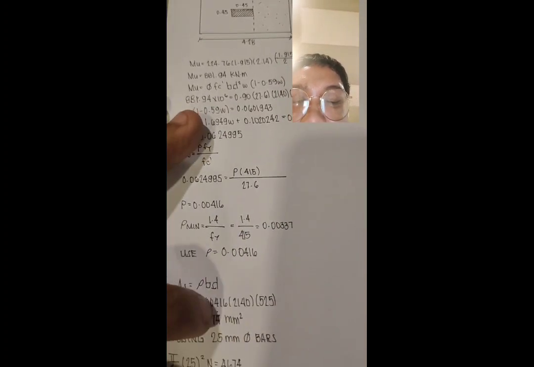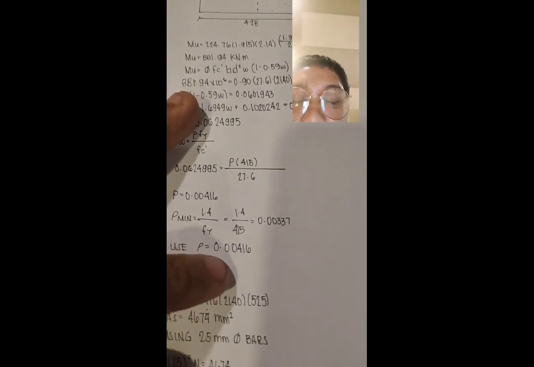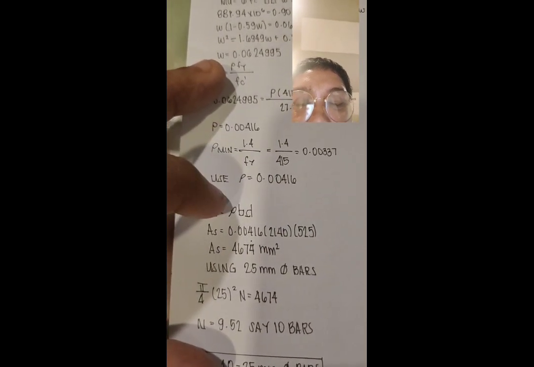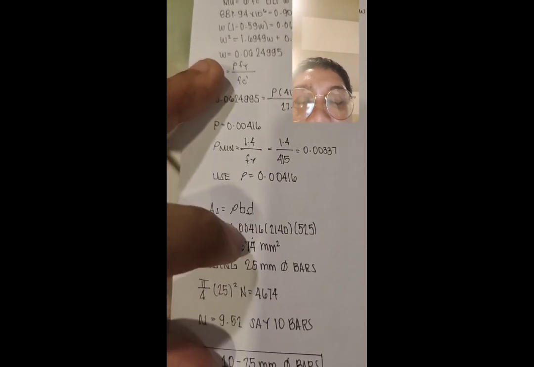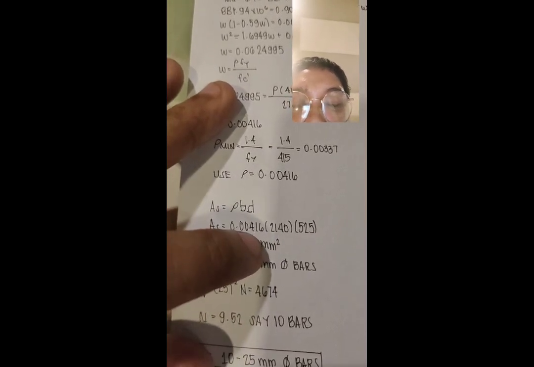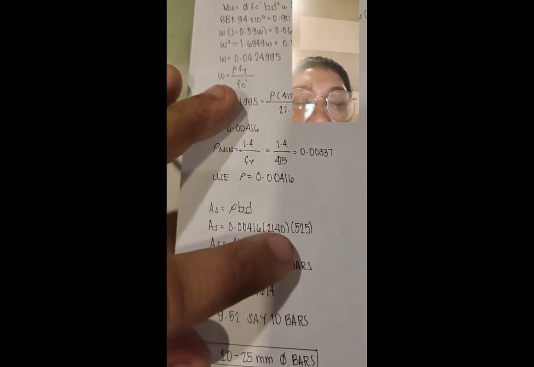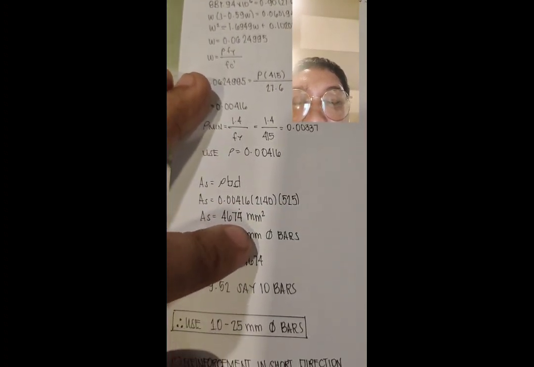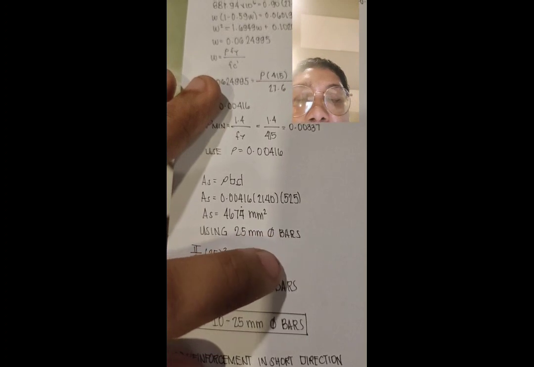We're getting the value 0.00337. Use 0.00416 for P. So for the steel requirement, AS equals PBD. We're getting the area of steel 0.00416 times 2140 times 525, so its value is 4674 millimeter squared.